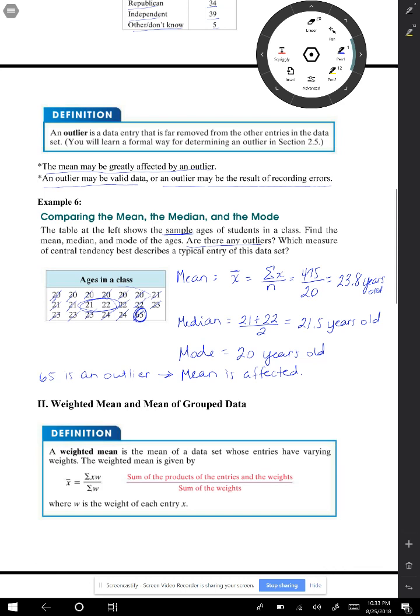The median considers all the data entries. It has all of them in order, and it includes the 65, but it's not affected by the 65. So the median includes all entries, but not affected by the outlier.